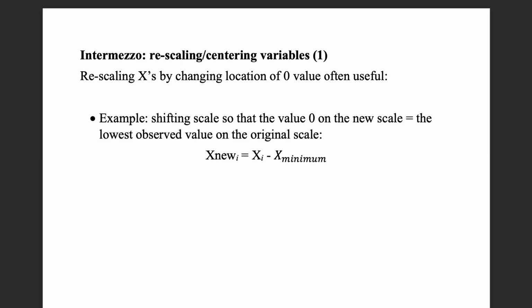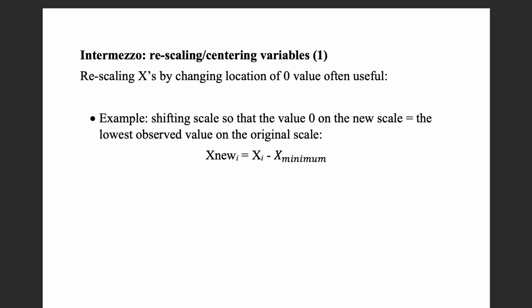You could create a new variable for age, where we are changing what the zero value represents by taking the original observation of age for each person and subtracting from that the lowest observed value in my data set, which is 18 years. So for each observation of age, the new variable would be the age of the respondent minus 18, because that would then be the lowest observed value on age.